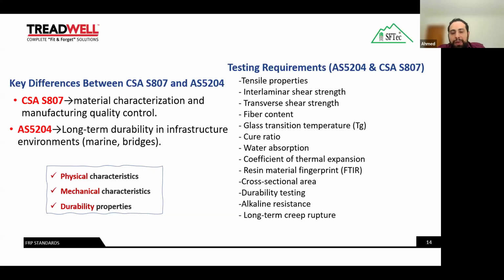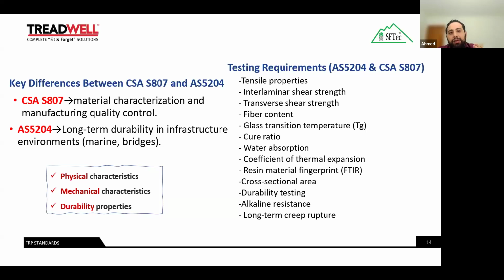And it should be mentioned that AS5204 is based on CSA S807 and also ASTM D7957 and ASTM D8505. These tests also evaluate several important properties of FRP bars, including three main categories: physical properties, mechanical properties, and durability properties.